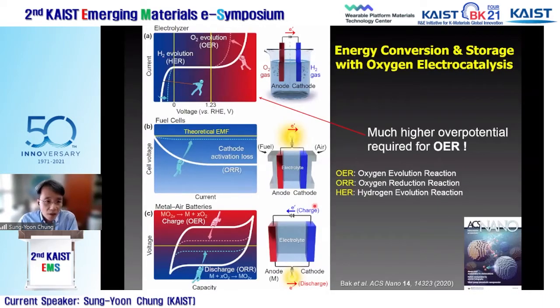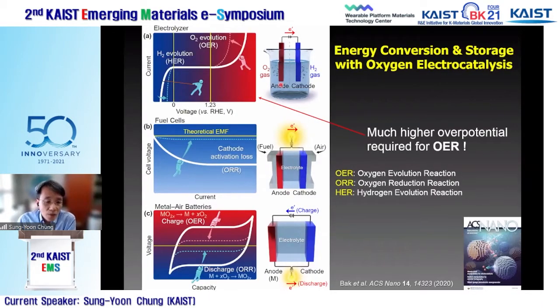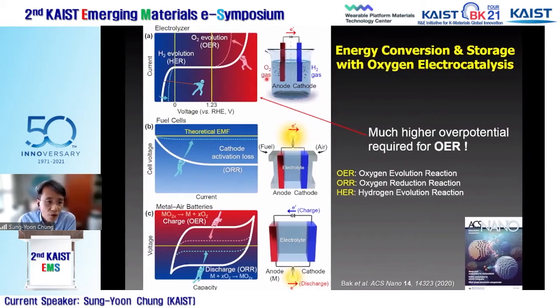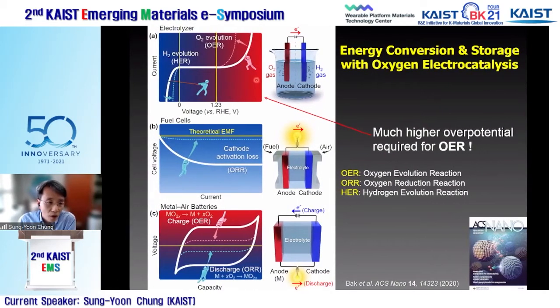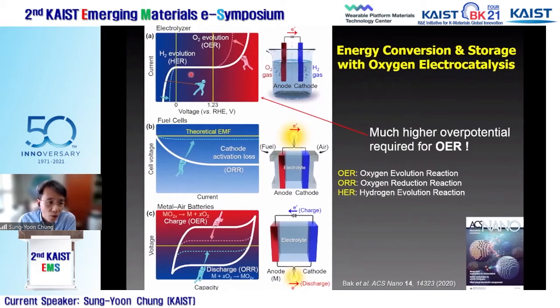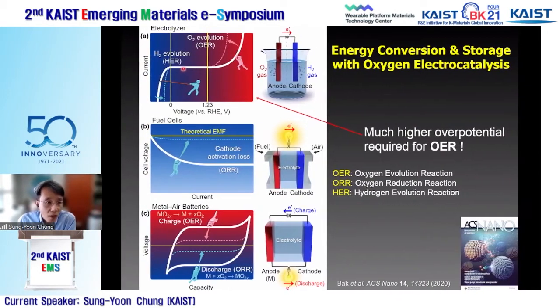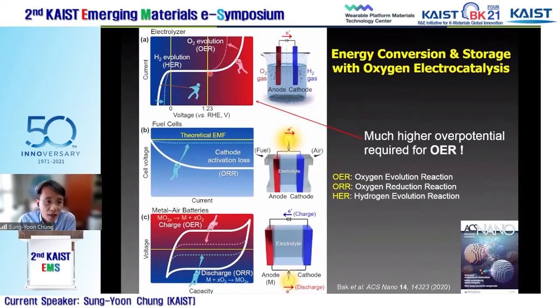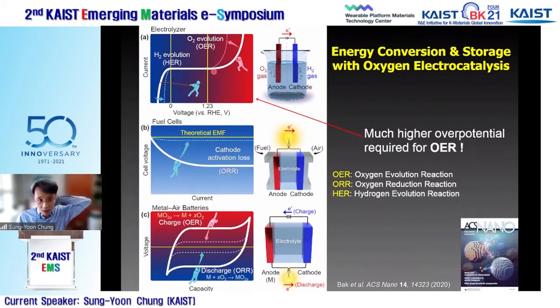So as you can see in this slide, to obtain green hydrogen fuel, we need water splitting. At the cathode side, we can observe the hydrogen evolution, and at the other side, we can also observe the oxygen evolution.